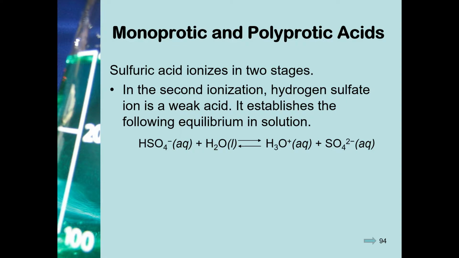So we'll start out with the hydrogen sulfate ion right here, and this hydrogen is going to be removed during ionization. It's going to join up with water to form the hydronium ion, and what will be left behind will be just the SO4 and extra electrons. So now it's sulfate ion.